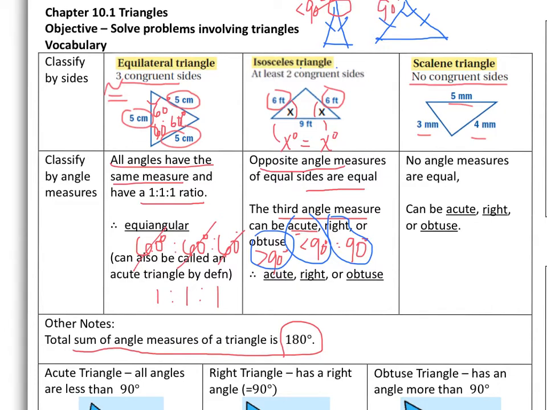Or we can have two sides equal, opposite sides equal, and this angle should be greater than 90 degrees.